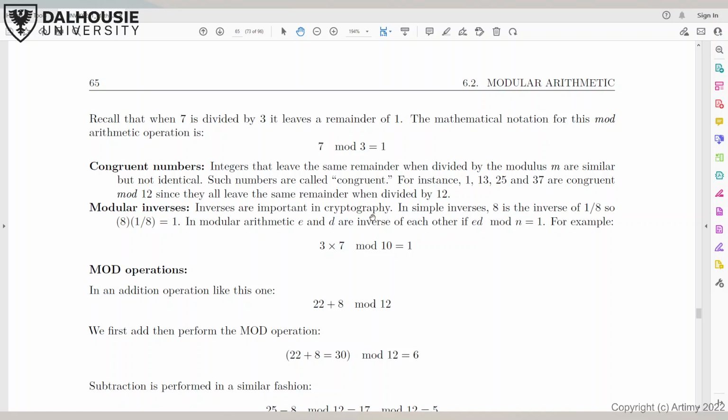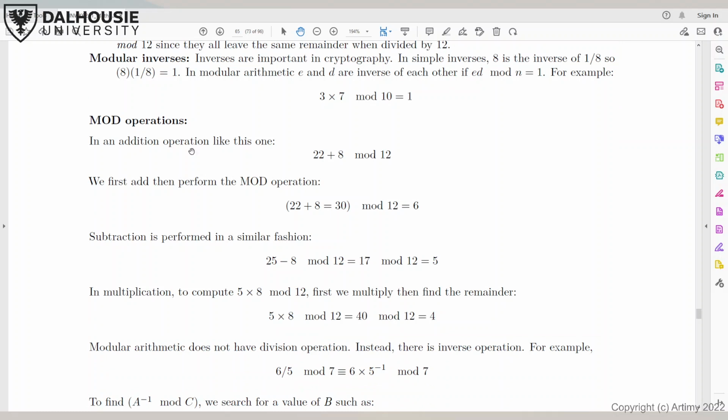And actually, that affects all of these operations. When we do 22 plus 8 mod 12, the addition of 22 plus 8 is 30, so 30 mod 12 is 6.